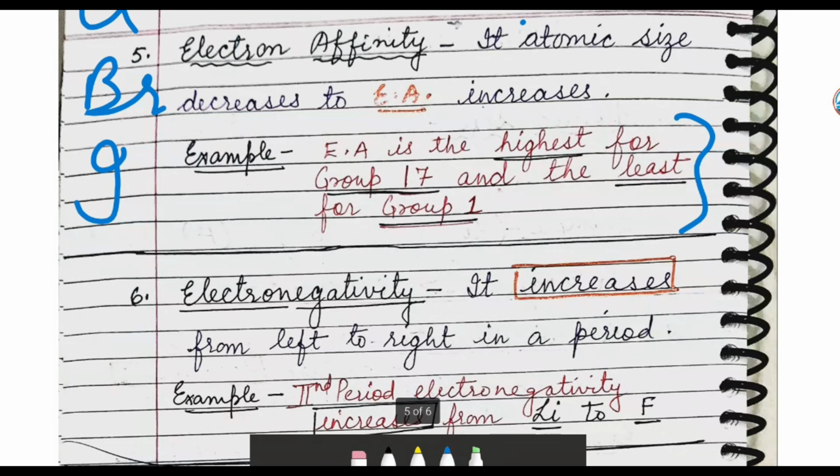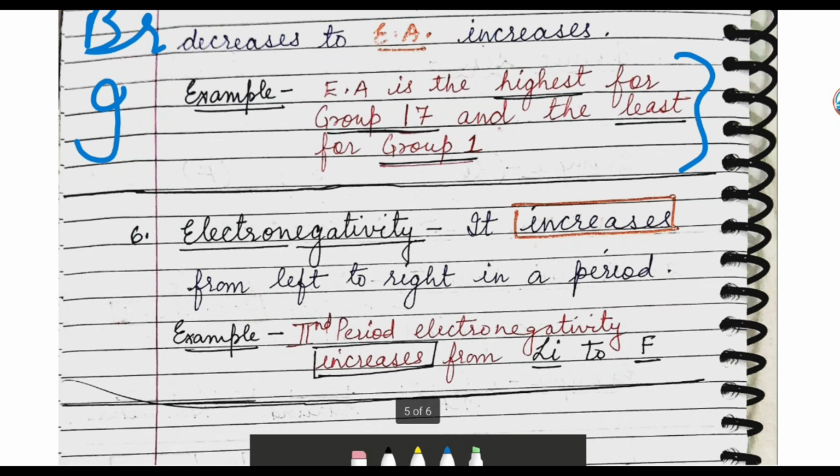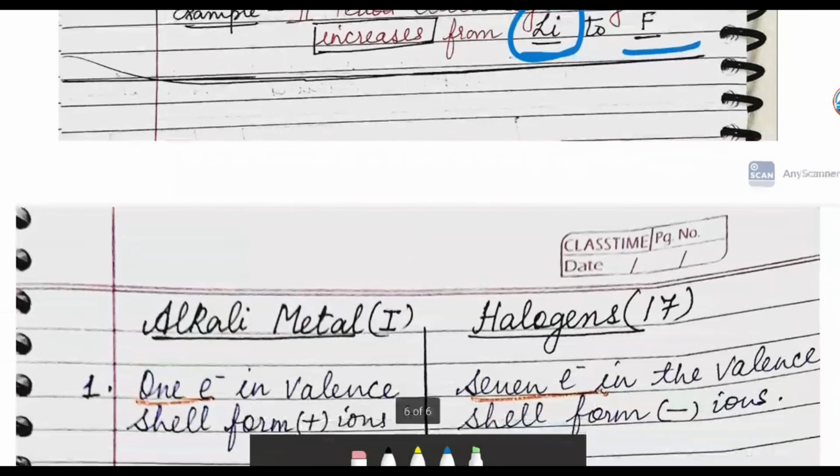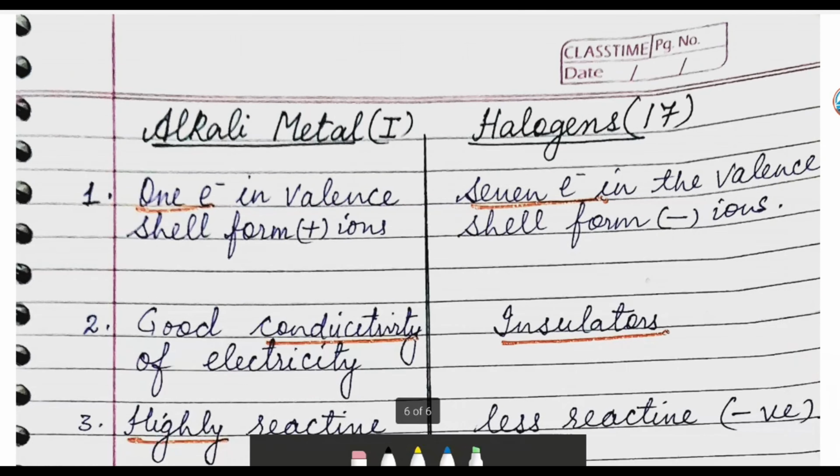The last is electronegativity. It increases from left to right in a period. In the second period, electronegativity increases from lithium to fluorine. Now here are the alkali metals and the halogens, the difference between them, because a few one-word type questions can come based on these parameters.